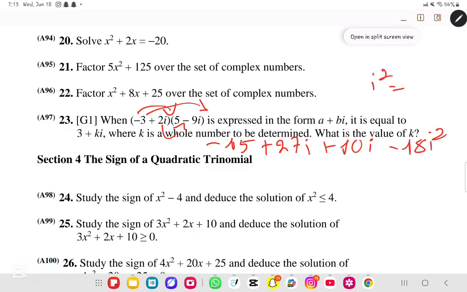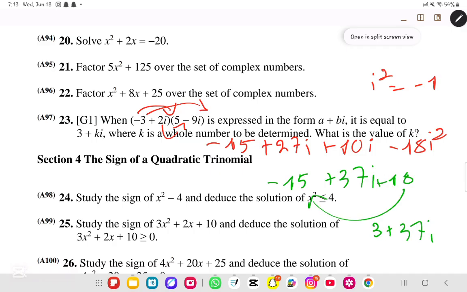You should know that i squared is minus 1, so you can substitute i squared by minus 1. It will be minus 15 plus 37i minus 18 times minus 1, which is basically 18. And this is 37i, so you add them together: it will be 3 plus 37i.